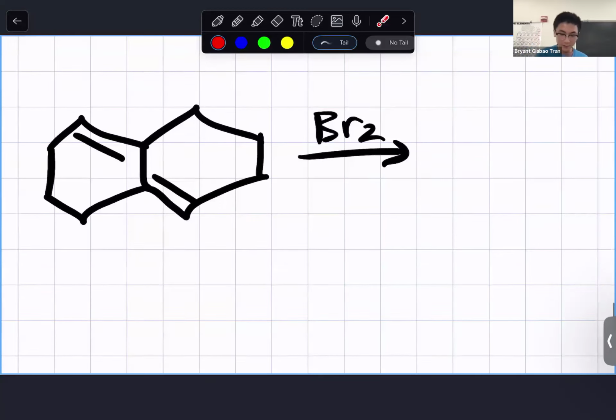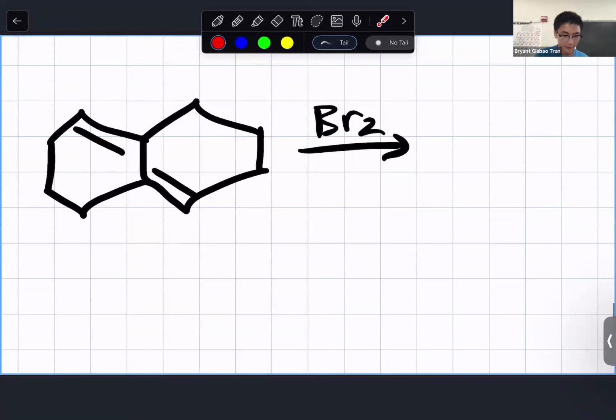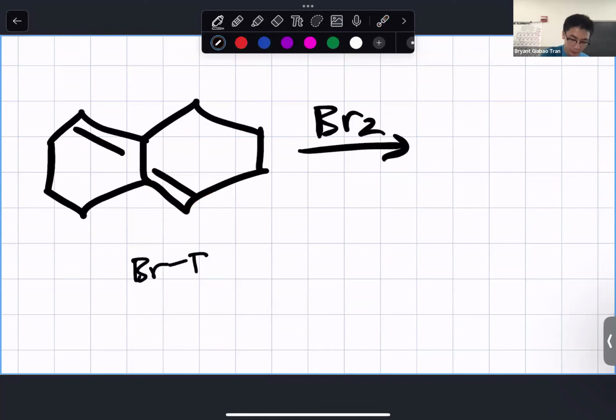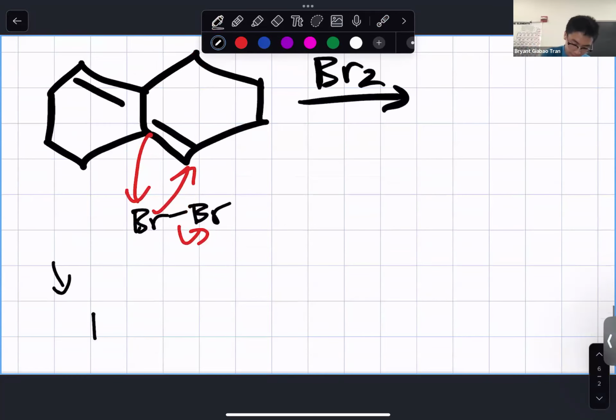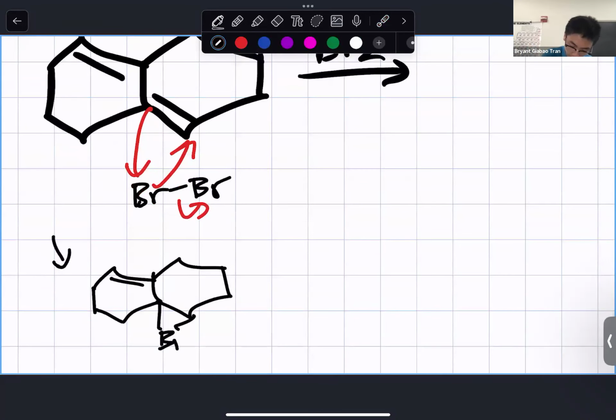Okay, so X2 here, we react with the double bonds. Let's look at this double bond here, where it will form that bromonium ion ring first. Once we have our bromonium ion, think of this as a good leaving group because it is allylic next to a double bond, right?